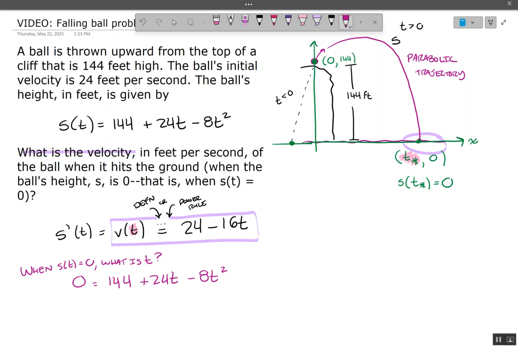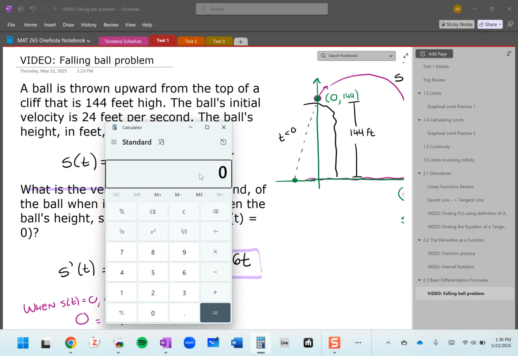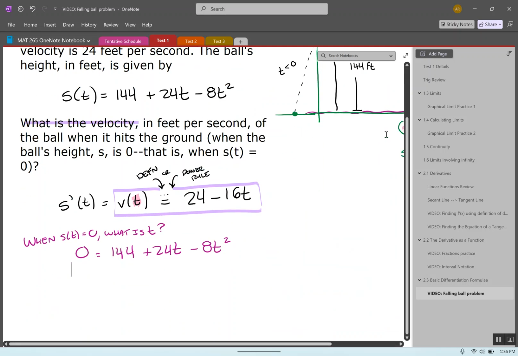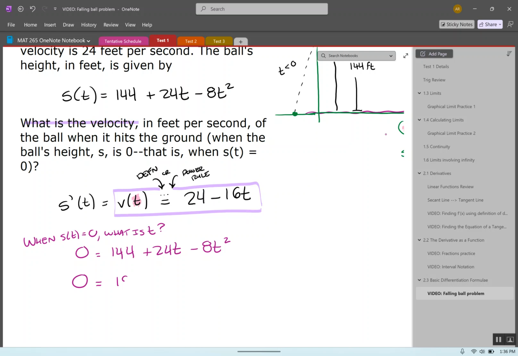So first things first, we're trying to get t by itself. So let's divide by the least common multiple of these numbers on the right. My mental math is not so great at this time of the day. So let's use a calculator right here. Let's see, 144 divided by 8, 18. Awesome. So we've got 0 equals 18 plus 3t minus t squared. That we got by dividing both sides by 8.